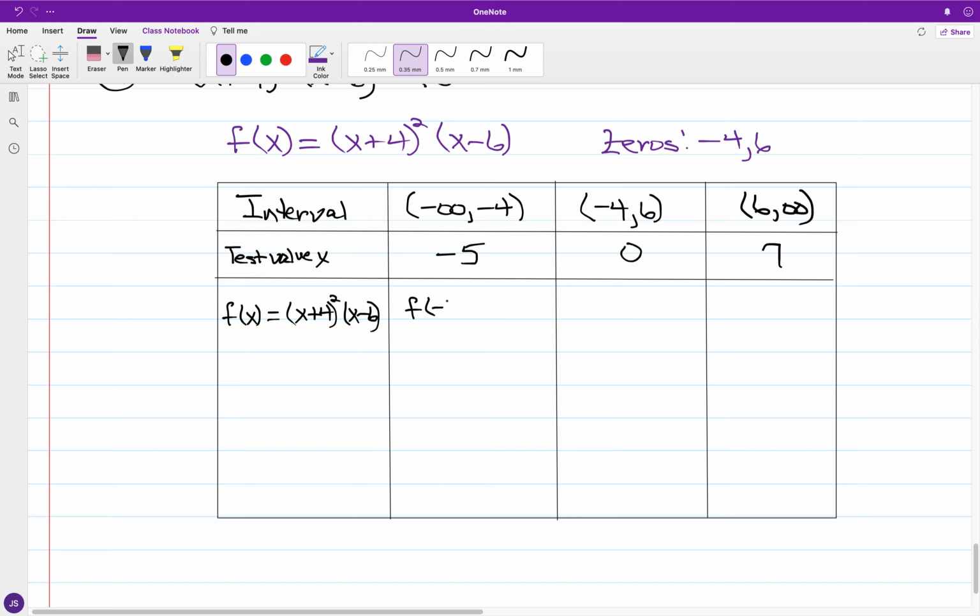So we have for f of -5: -5 plus 4 is -1, which will be squared. Negative 5 minus 6 is going to be negative 11. Negative 1 squared is going to be positive 1, times negative 11, so that product or output is going to be negative 11.